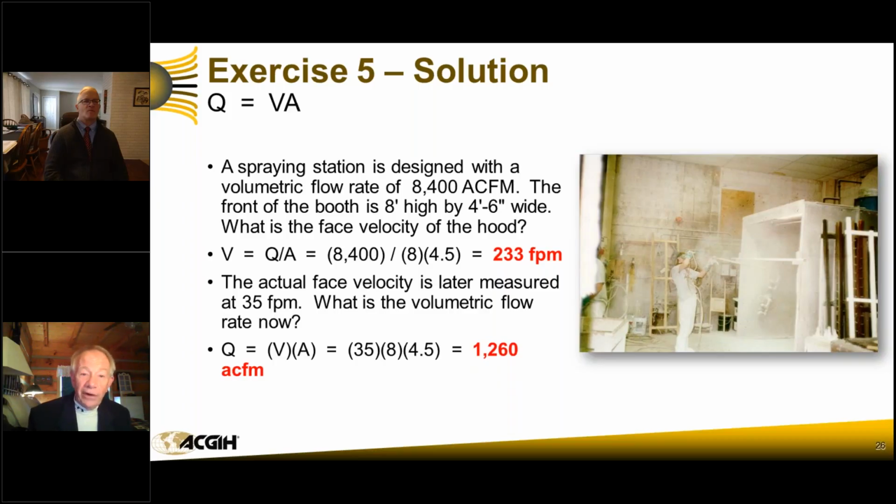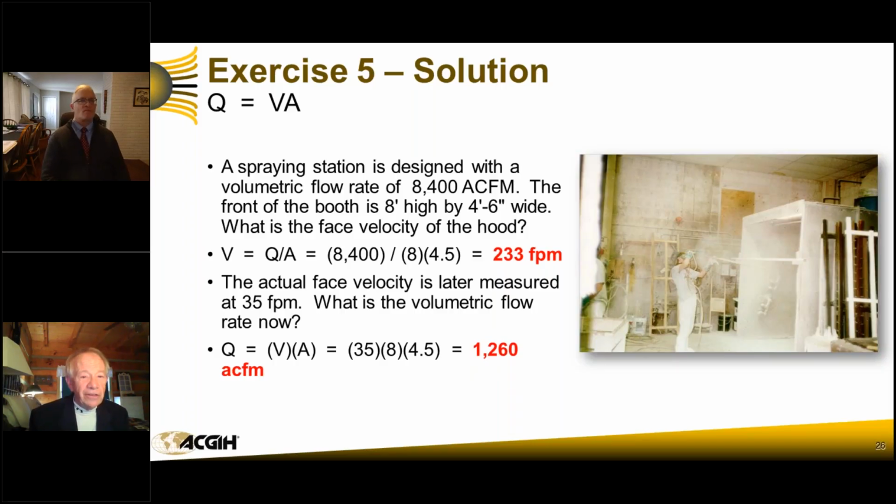Area would be 8 times 4.5 feet. We've got to keep those units. It's not 4.6 feet, it's 4.5 feet. That gives us a velocity designed for of 233 feet per minute. We're only getting 35. Obviously our ACFM is significantly lower.